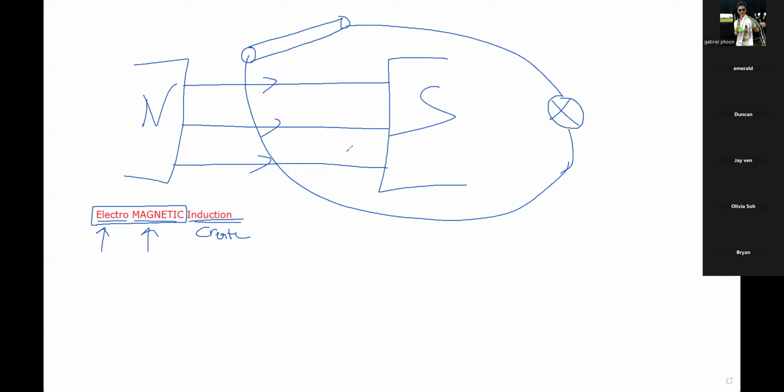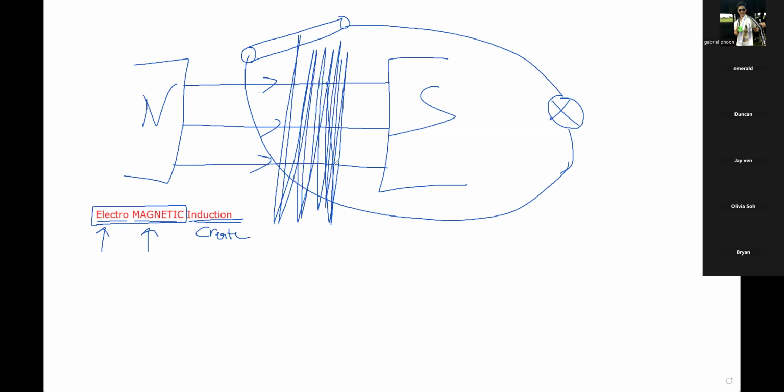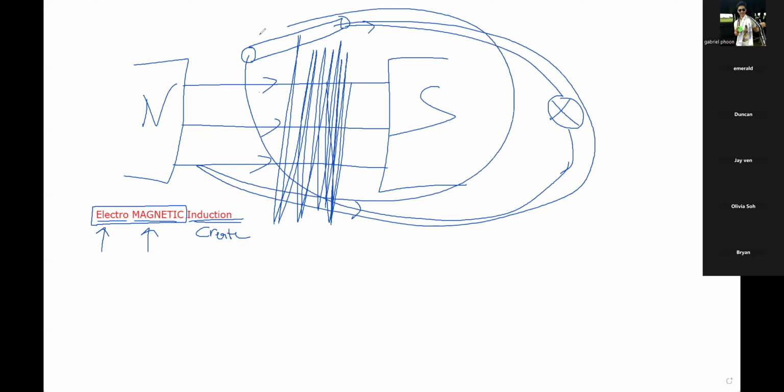In order for us to create electricity, we have to take this pole and continuously cut it across the magnetic field. As we take this conductor and continuously cut through the magnetic field, we forcefully move the electrons up and down the wire.